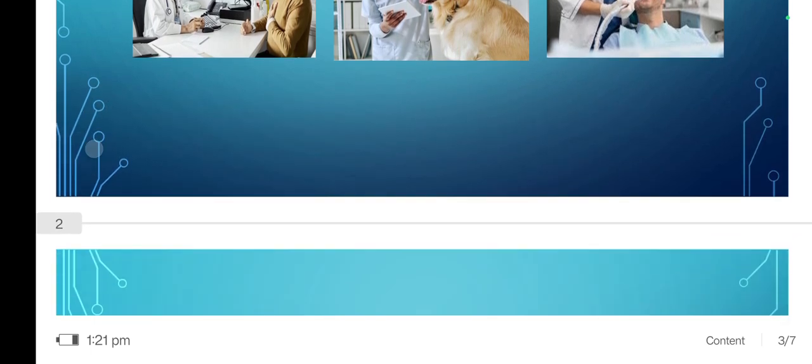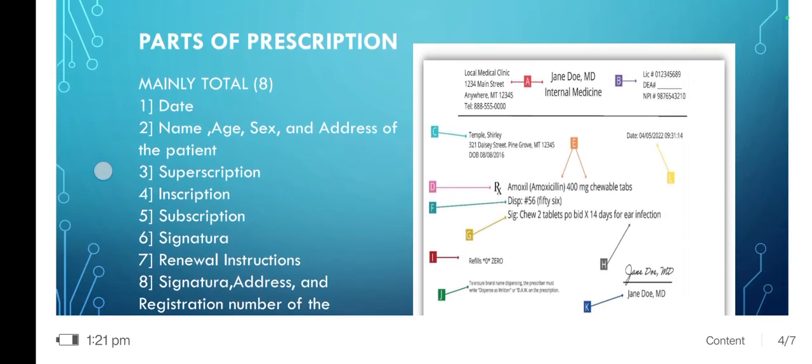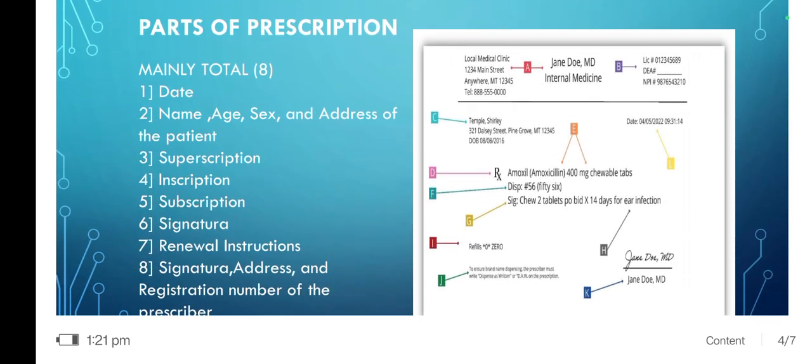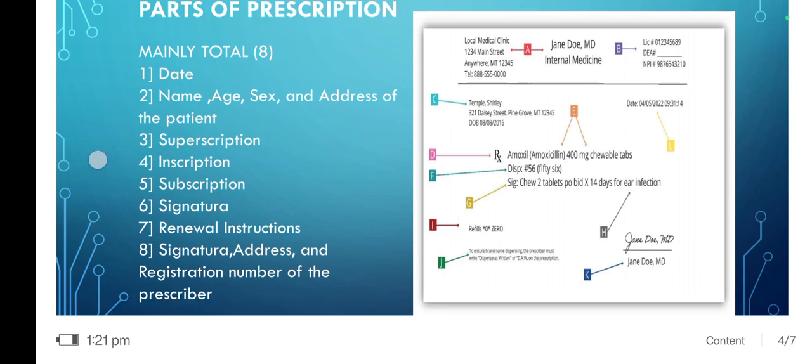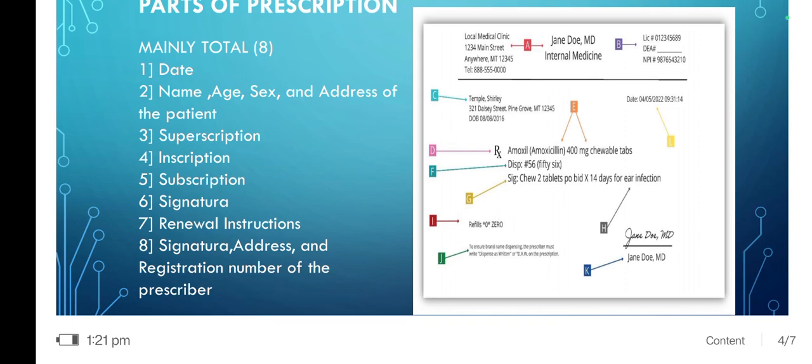Next, the parts of a prescription. In total, a prescription has 8 parts. First, date. Second, name, age, sex and address of the patient.